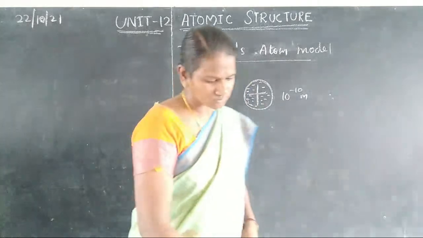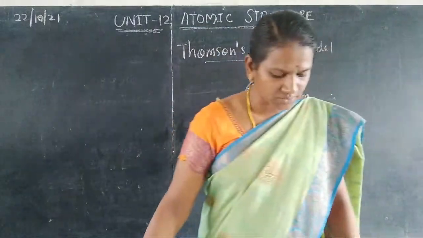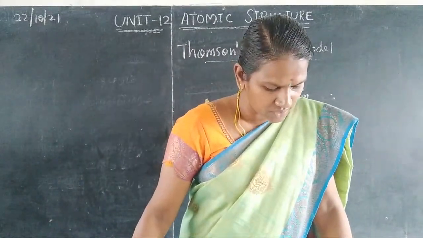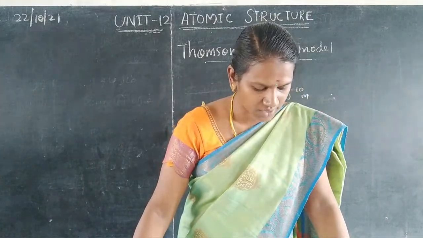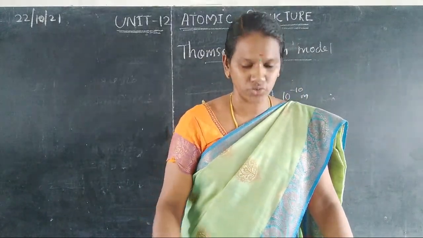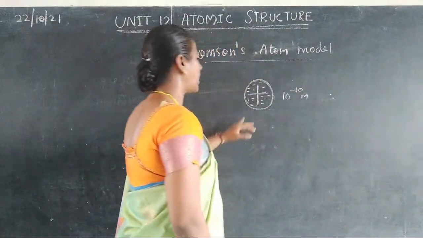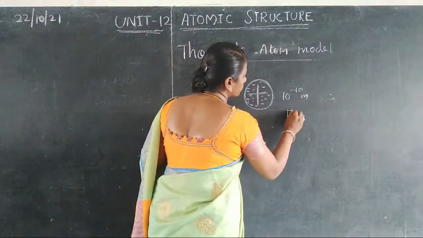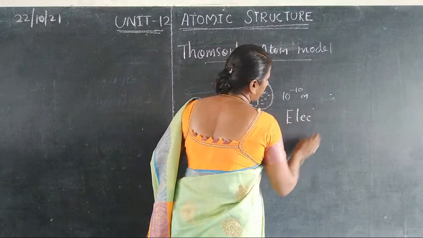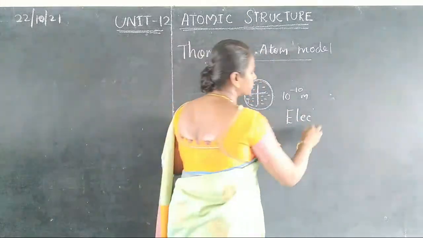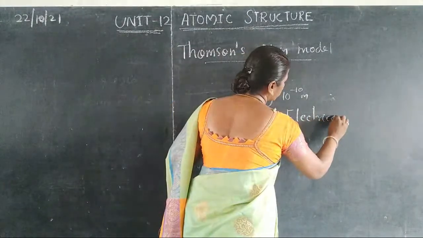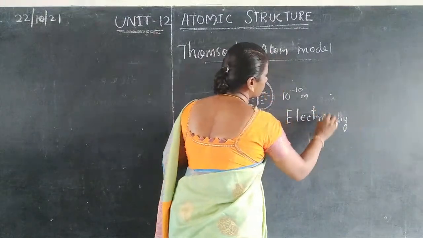So the positively charged particles are uniformly distributed with electrons arranged in such a manner that the atom is electrically neutral. He added further that atoms are electrically neutral. What does electrically neutral mean?